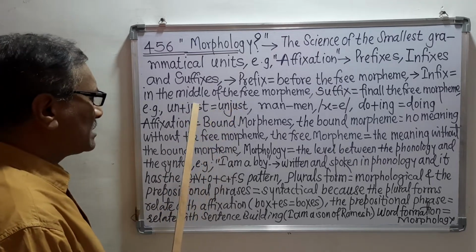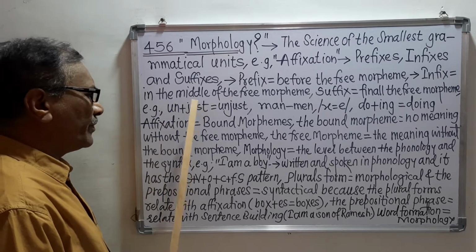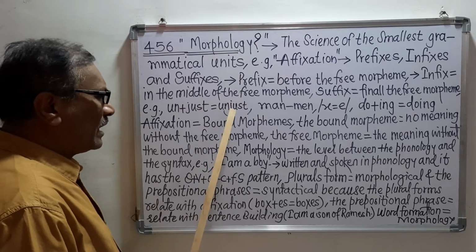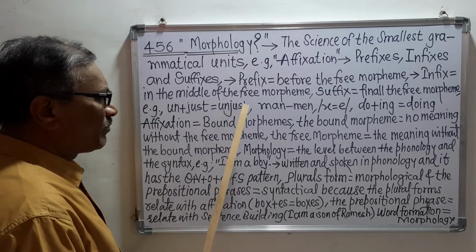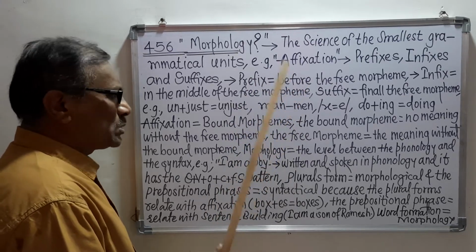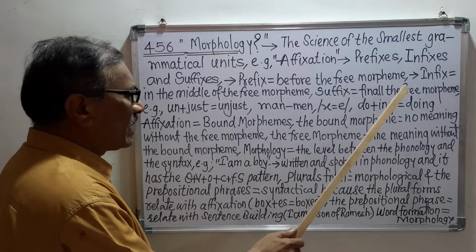So here we can say that un is the prefix and just is the free morpheme, and now the word has become unjust. So a prefix means the affixation which is used before the free morpheme.